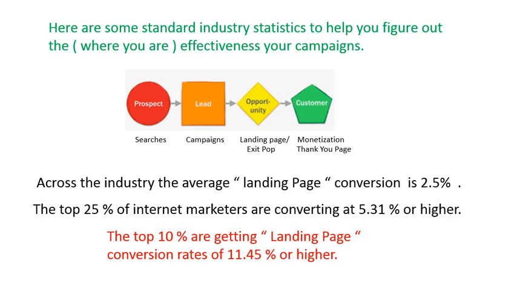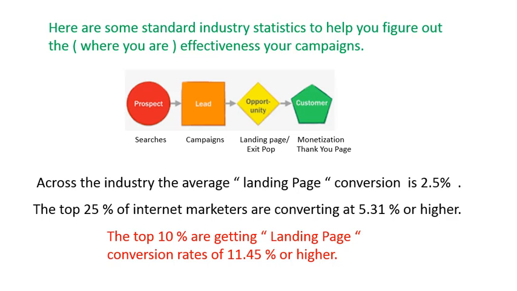Then there's the opportunity, which is where you present your offer, the product or service that you provide. And then the last thing is converting those into paying customers. That's called monetization.